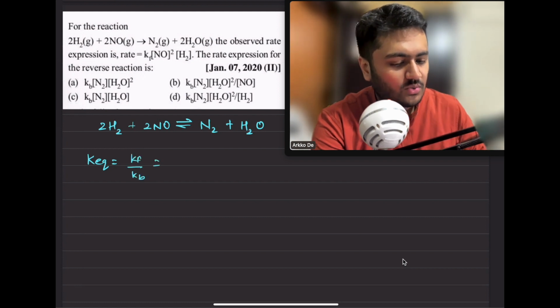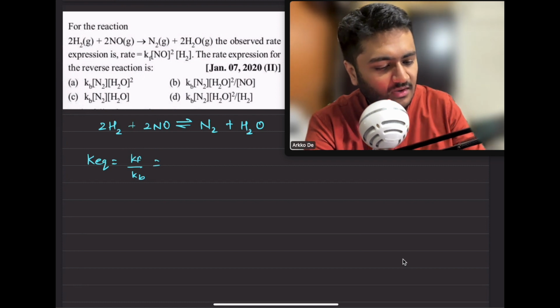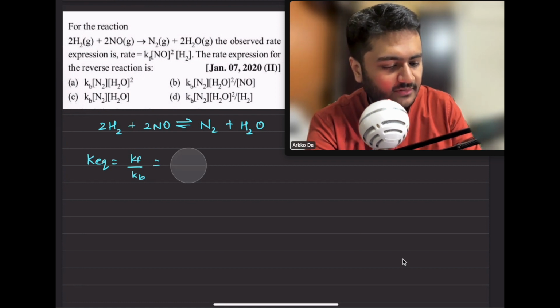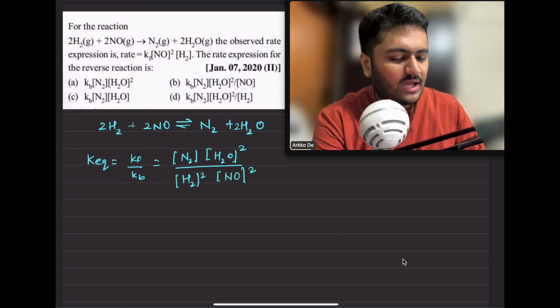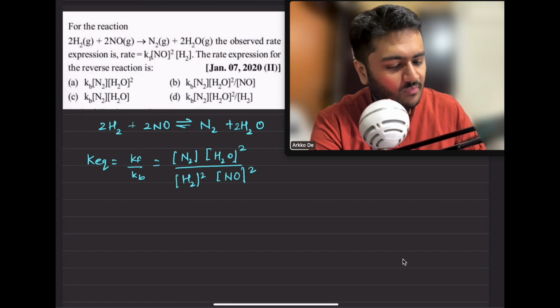This will be equal to the active mass of N2 multiplied by H2O square divided by H2 square and NO square. So this is the expression of K equilibrium.